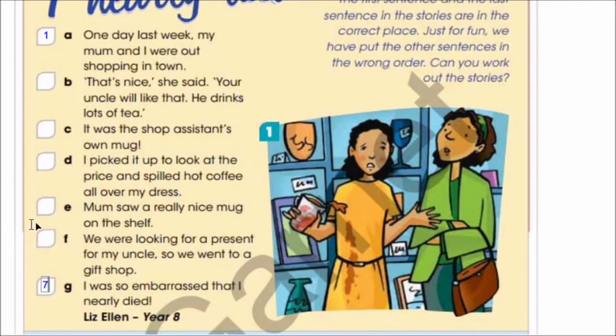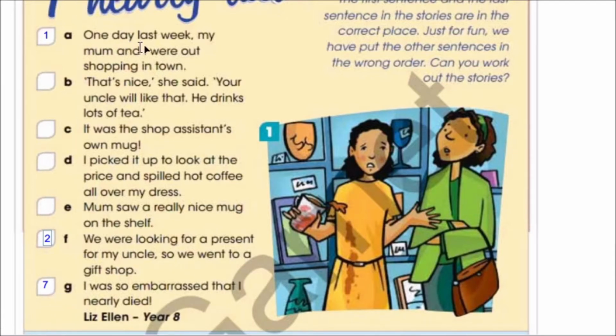Number 2 is F. As they said, number 1 is A and the last one is G. We will finish and then put the number for G. Now let's read the first sentence.